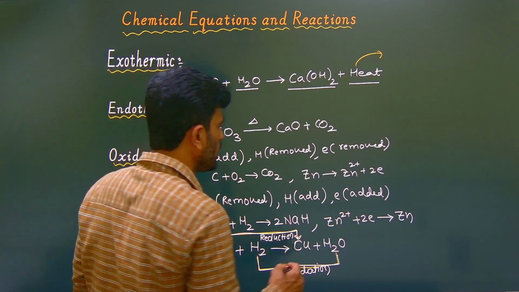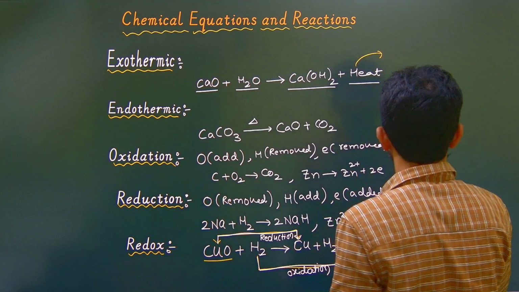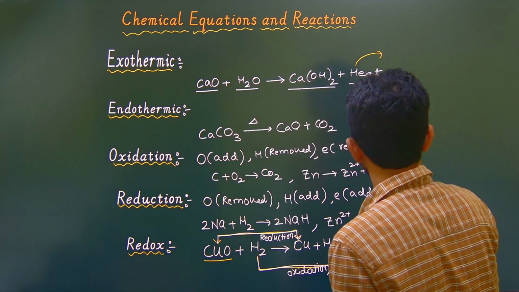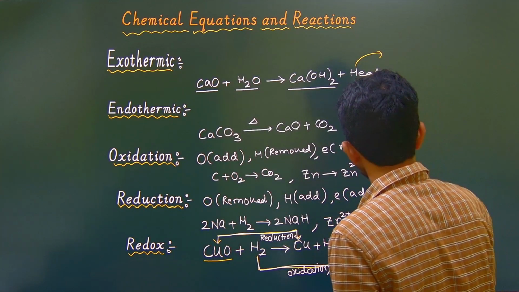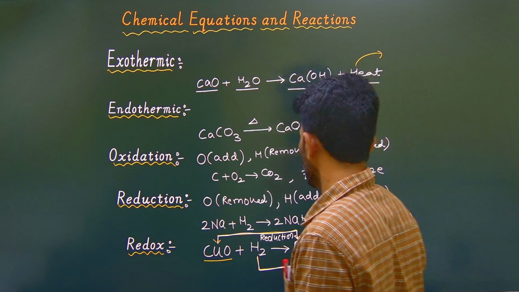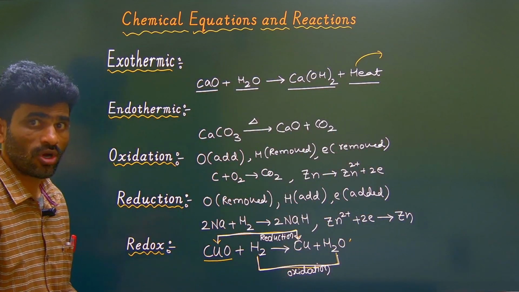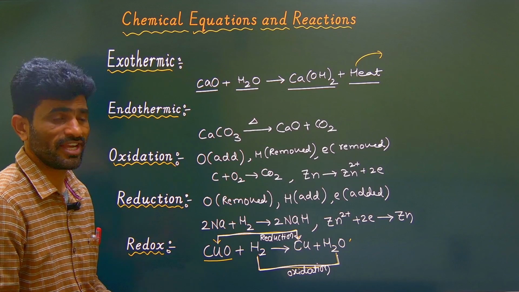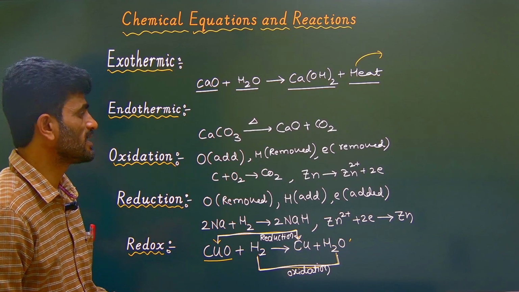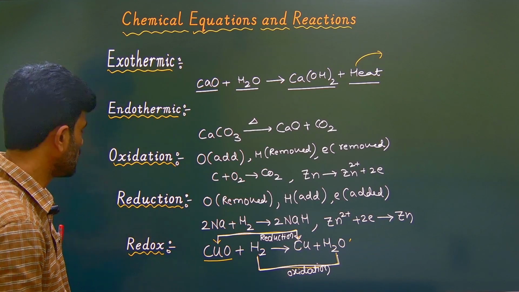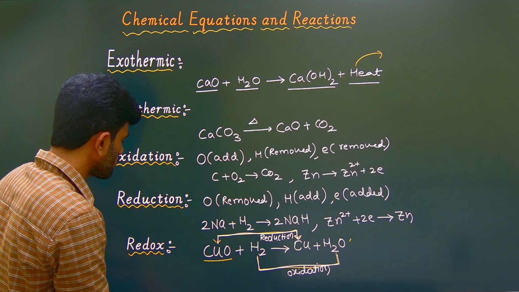Here one important point we need to remember in redox reaction, that is how to identify which substance got oxidized, which substance got reduced. In every exam one question is coming on this. Now let us see.